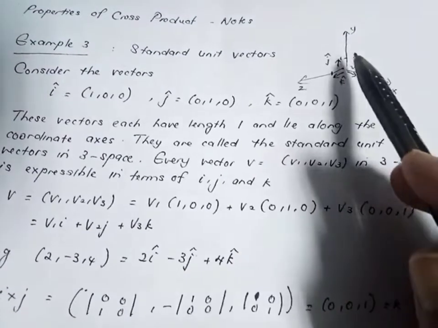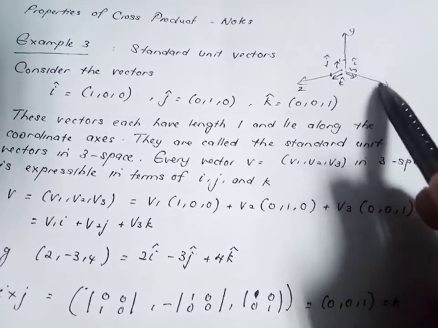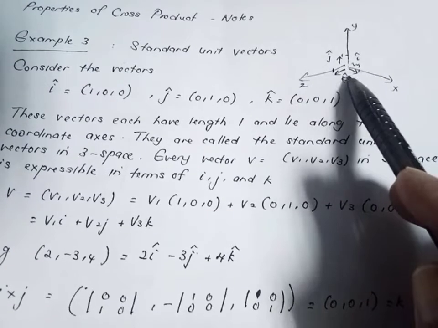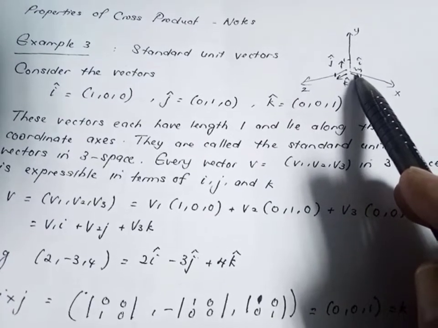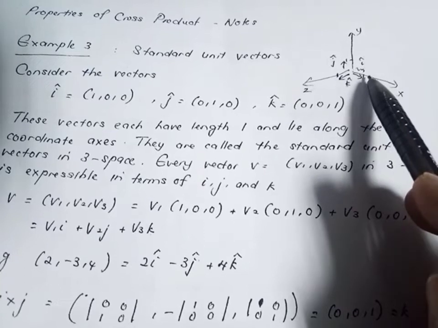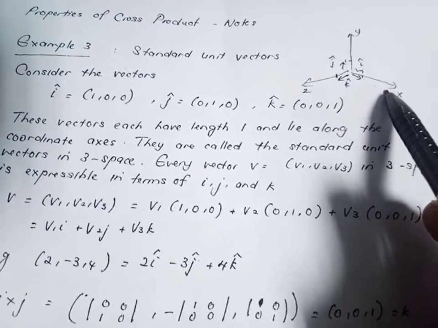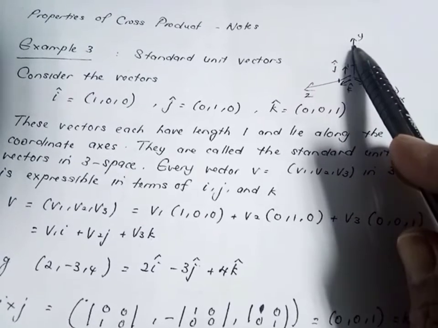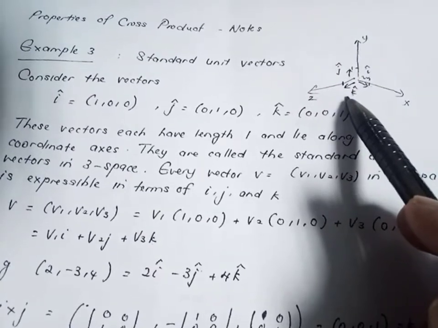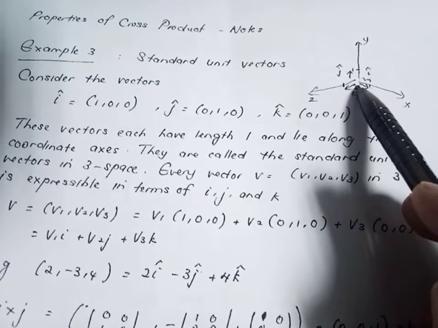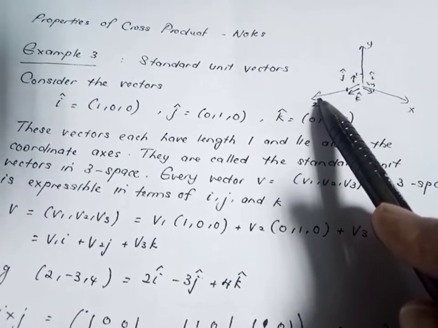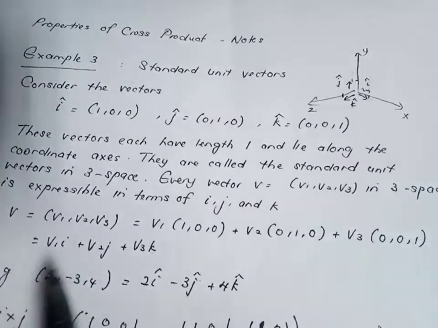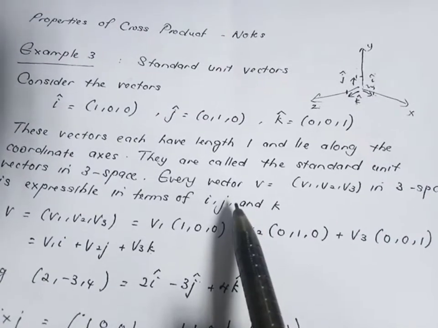So the coordinates for 3 dimensions are x, y, and z, where i is the unit vector for the direction of the x-axis, j for the direction of y, and k is the unit vector for the direction of the z-axis.